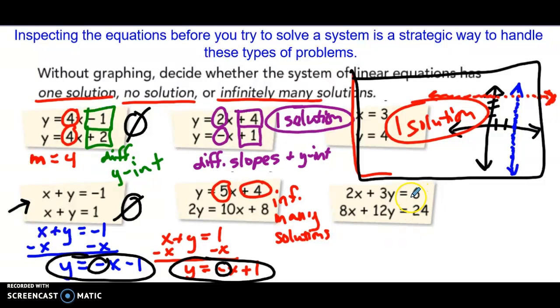So these equations are really graphing the same line. So if I can see that relationship between these, then I automatically know that if it's the same line, then I'm going to have infinitely many solutions.